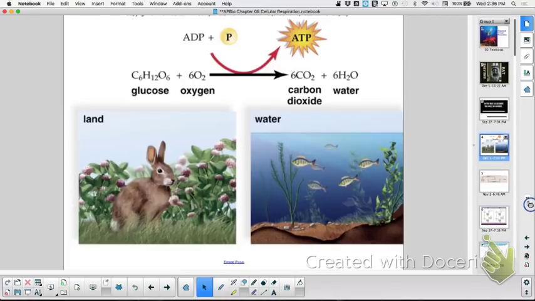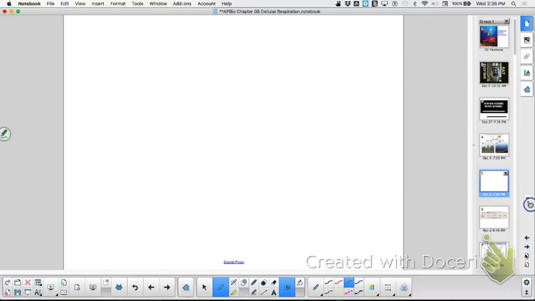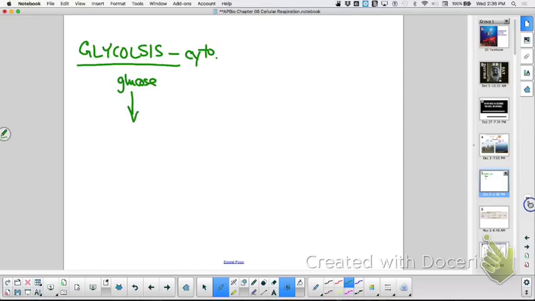Okay, so when we start out and we do glycolysis, who does glycolysis? And where do you do it? In the cytoplasm. Technically the cytosol. You use glucose and you do what? To what? To pyruvate. Yes.